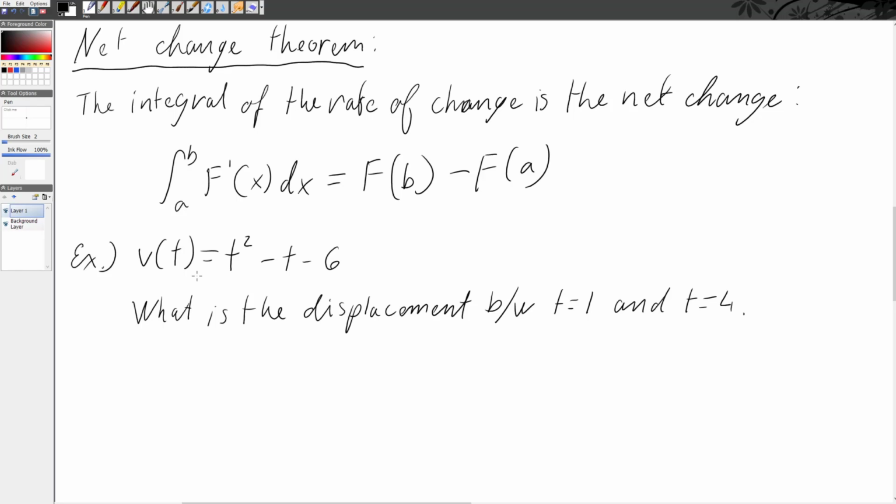Here, note that the displacement function is the integral of the velocity function. Another way to state that is, given a displacement function, the derivative of the displacement function is indeed the velocity function.